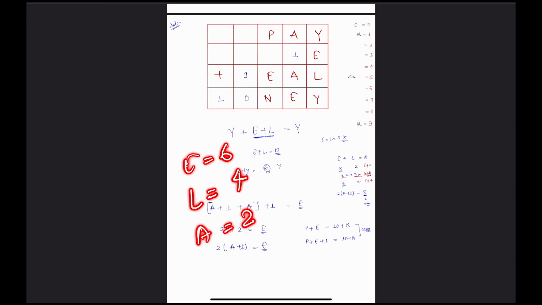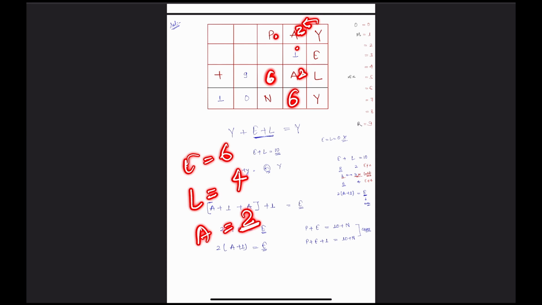Is it possible? E plus L, okay, great. A will be 2, so 2 plus 2 is 4, plus 1 is 5, carry comes 1, so 6. E is 6, so no carry is coming over here. Here is 6, here is 6.